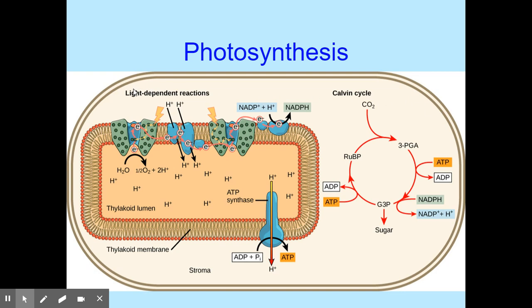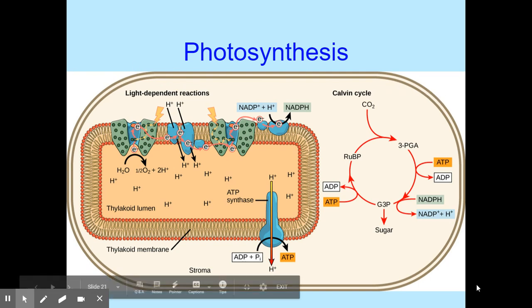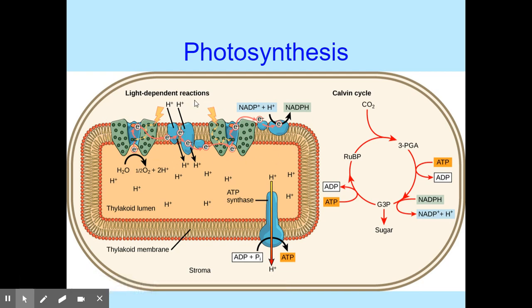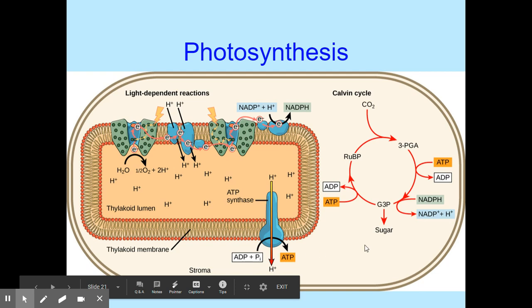It has your chloroplast, which is the whole oval here, and we have the thylakoid represented here with the light dependent reaction and the electron transport chain with ATP synthase, and we have the Calvin cycle on the outside of the thylakoid, but still in the chloroplast in the stroma area.